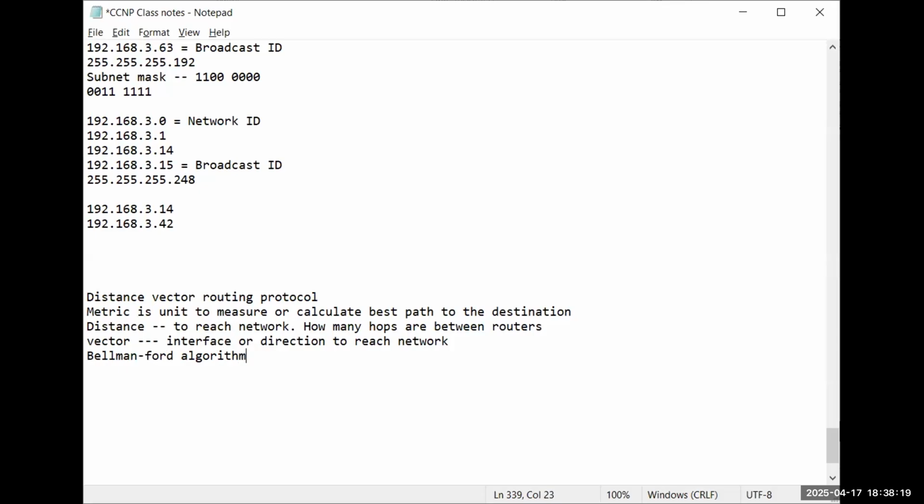This algorithm works in such a way that it advertises and receives all the routing information, and all the routing information is stored in the local routing database.